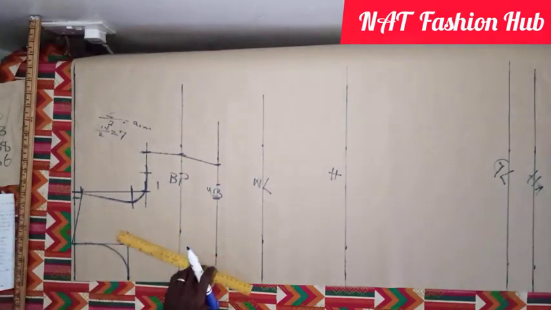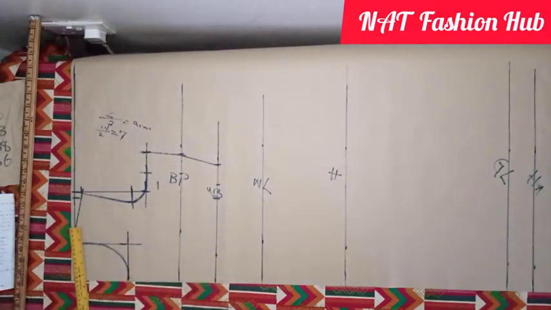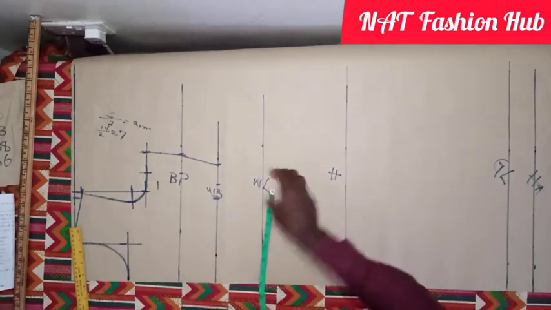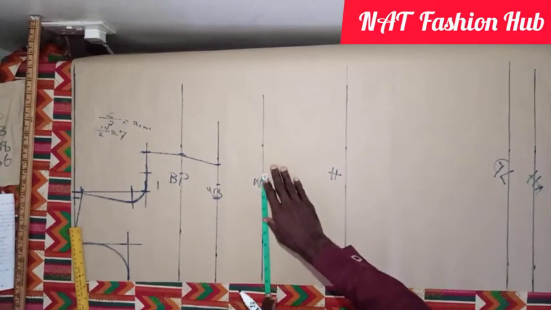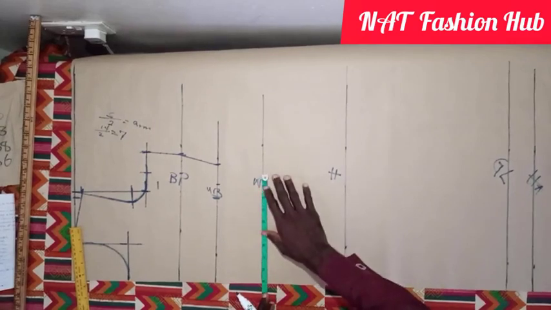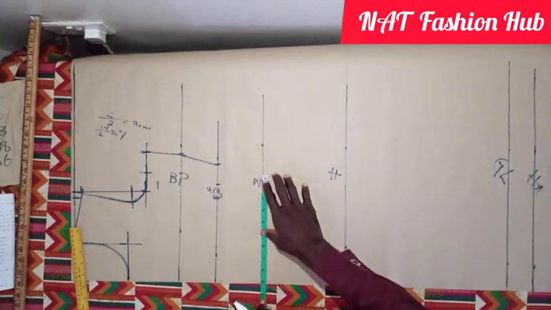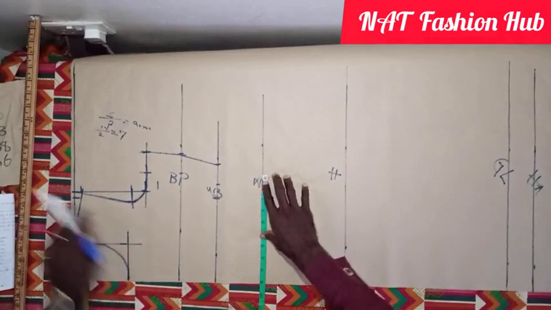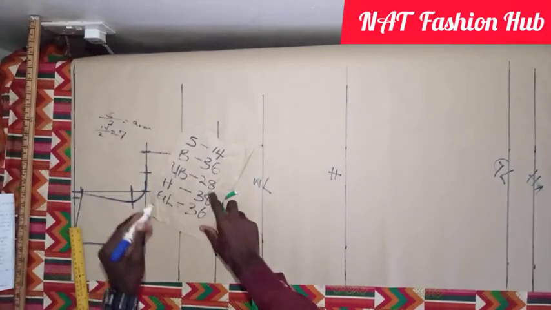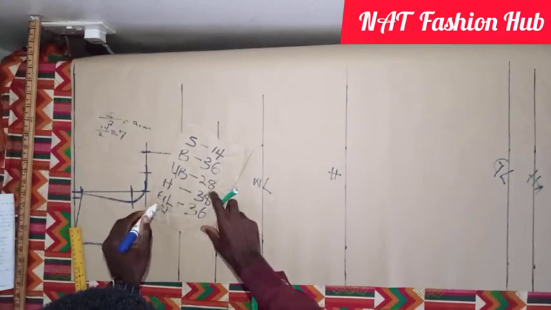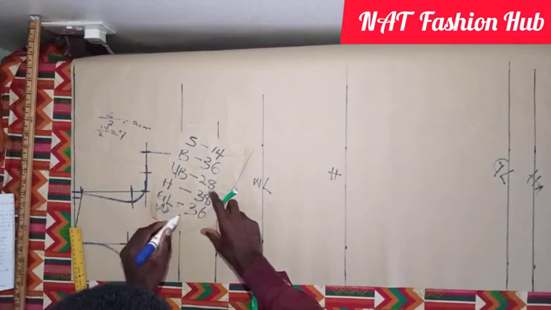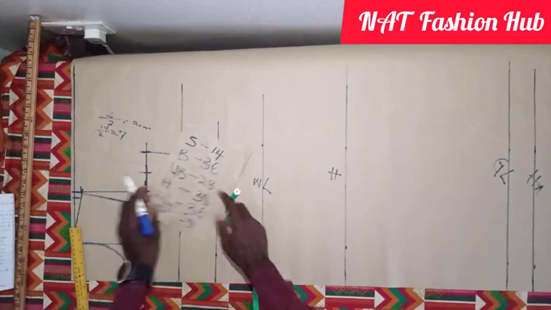So the next thing for us to do is to get our waist. All right. And the waist of this per customer is almost the same thing with the under bust, just an inch different, which is just 1 inch. The waist of this customer is 29. Is 29, all right?